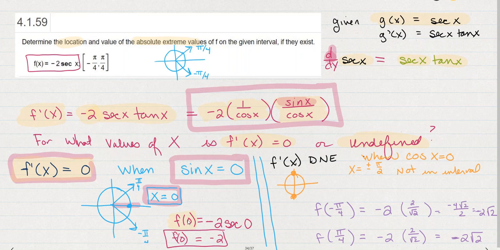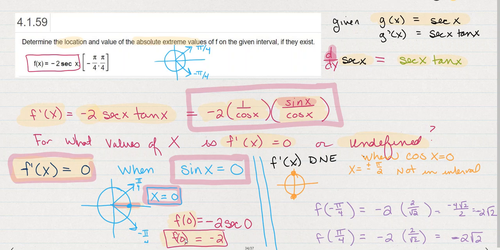So if I replace the x with 0, I get negative 2 times the secant of 0. The secant of 0, using my unit circle, will be 1 over cosine of 0, which is 1. So negative 2 times 1 over 1 is equivalent to negative 2 times 1, or just negative 2. So f of 0 is equal to negative 2. That's a possible extreme.